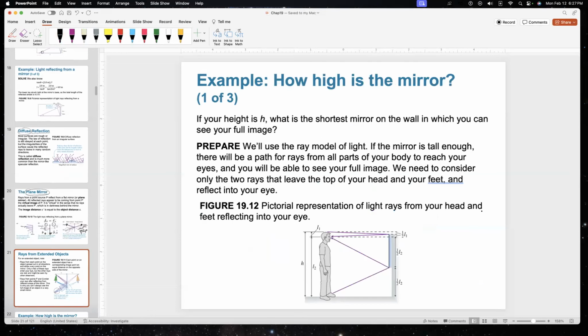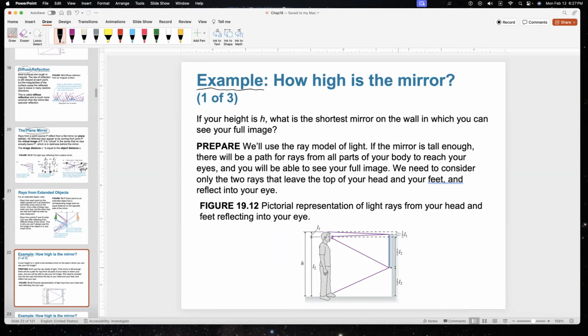So there are some examples for you to take a look, but it's very simple. Again, this is a nice one. How tall must a mirror be so that you can fully see yourself? So you know your eye is looking at your feet. Whatever this angle here is going to be the same angle here, right?